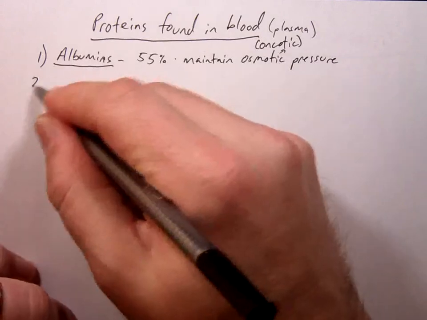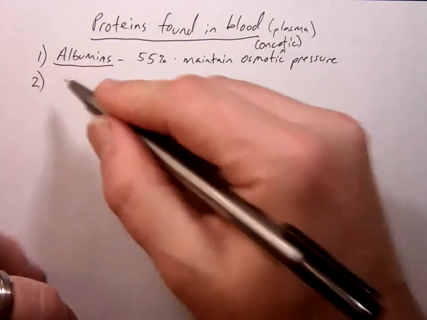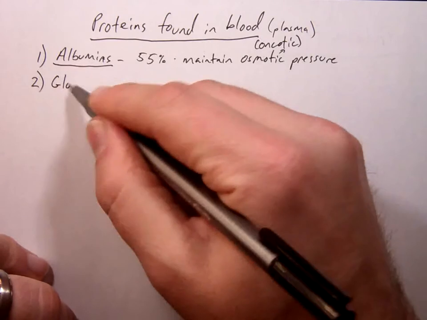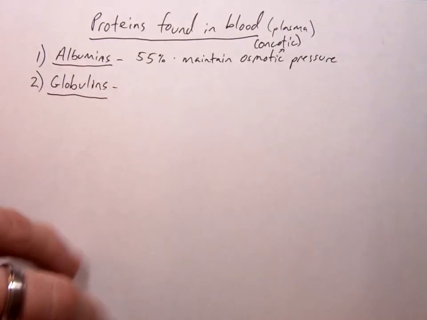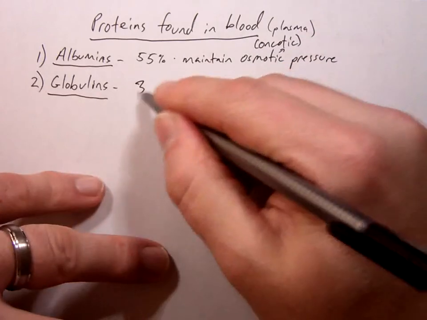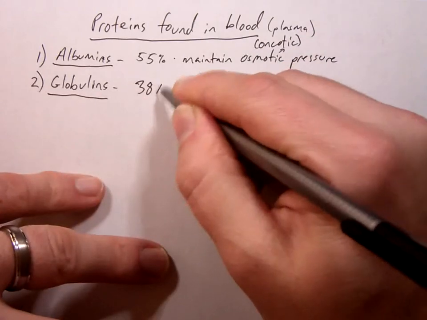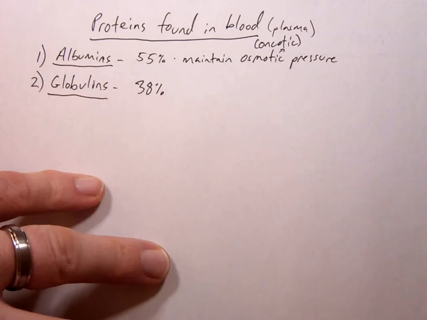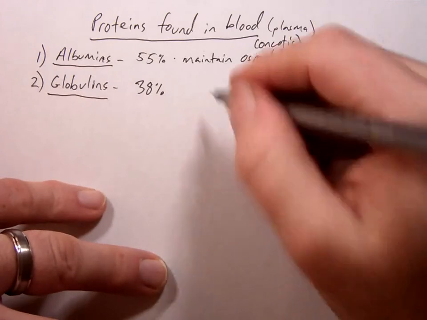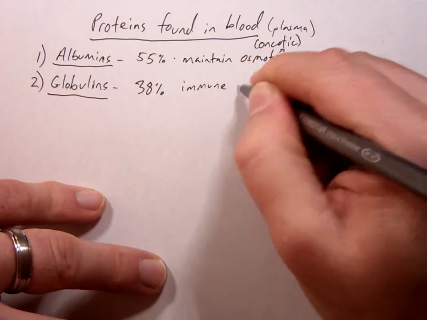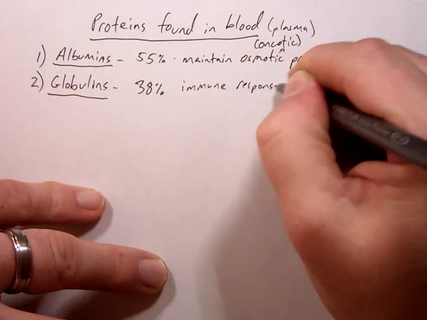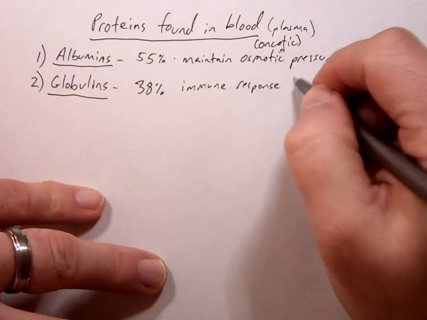The next type of protein is called globulins. These proteins make up about 38%. So these two together make up a majority of these. These are responsible for immune response, because these are antibodies.